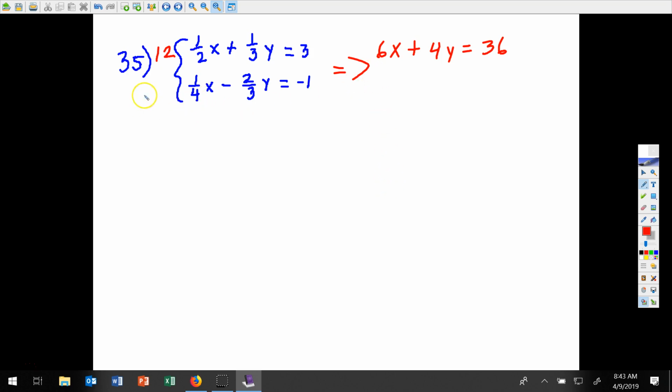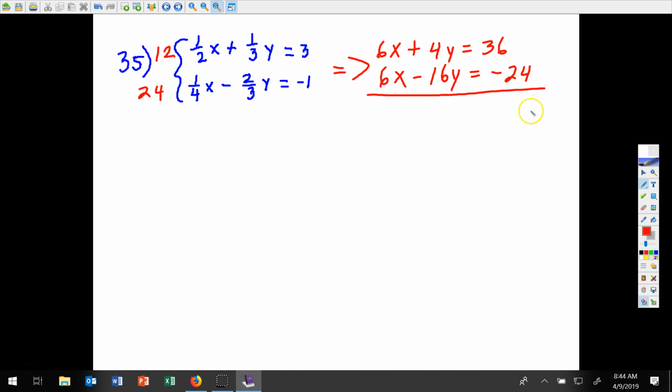Okay, what if I multiply by 24 all the way across? 24 times, or you could do negative, like we said earlier, you could have done negative 24. So 24 times 1/4 X is 6X. And what is 24 times negative 2/3? Okay, and it would be minus 16Y. And then over here it would just be negative 24.